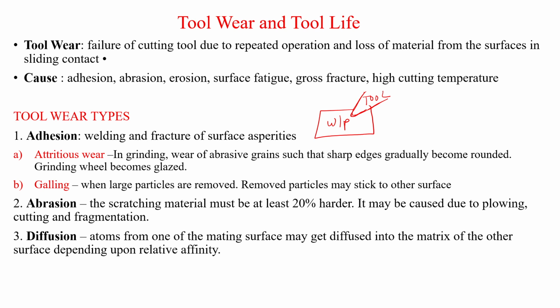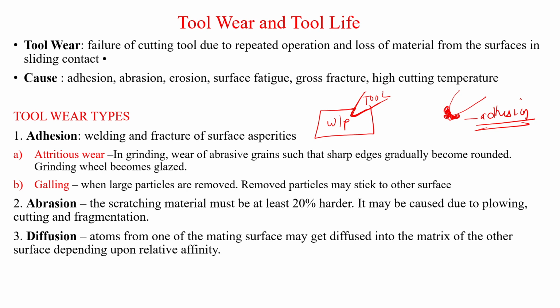When you are machining, at the interface between workpiece and tool there is very high temperature. So sometimes some material from the workpiece can be welded to the tool material. Now some extra material, which is the workpiece material, gets welded to the tool material. This is called adhesion. This is also one type of wear.